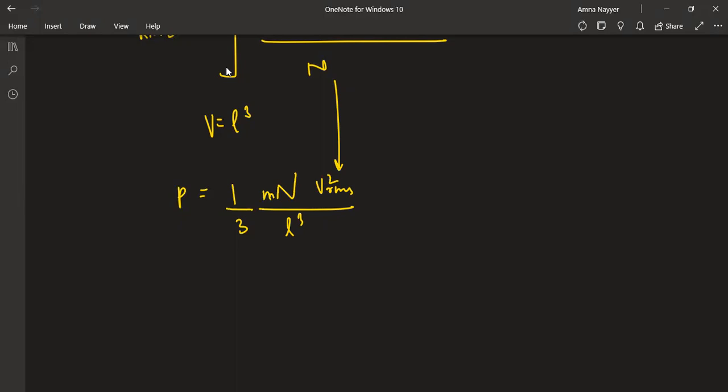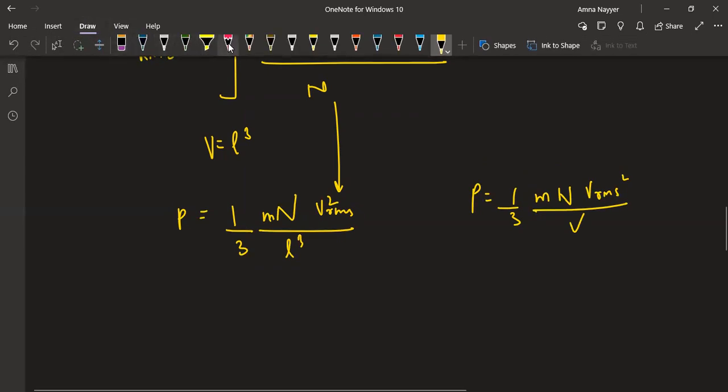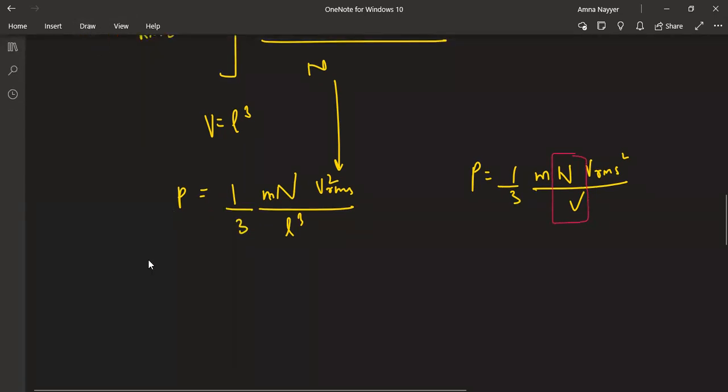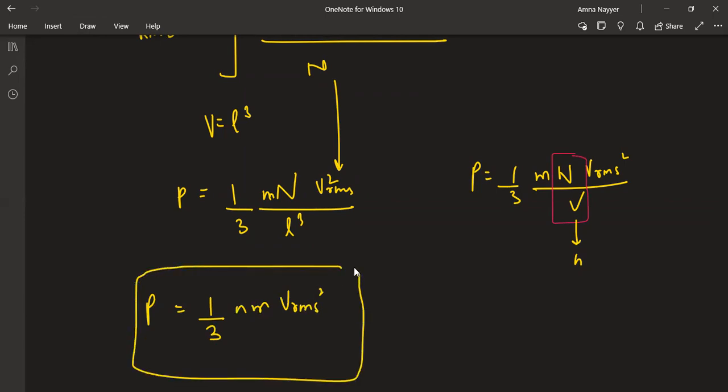If you know the number of molecules per unit volume, P is equal to 1 by 3 m N V RMS square by V. If you know this term, N by V, let's say N by V is some small n. So this becomes 1 by 3 n m V RMS square. This is how you manipulate.